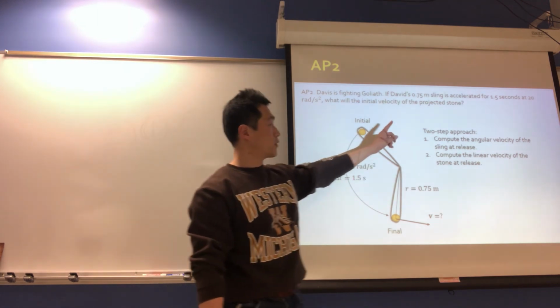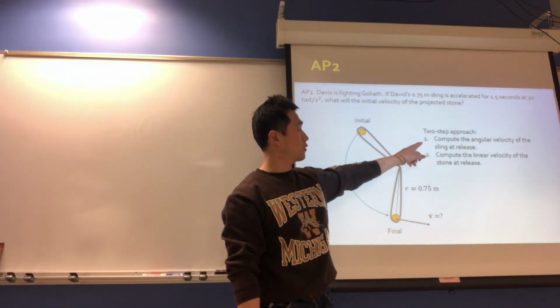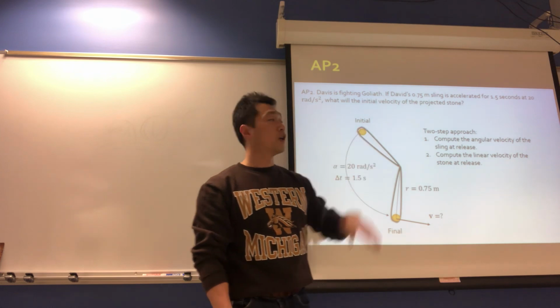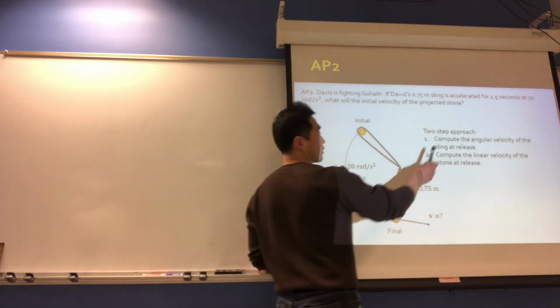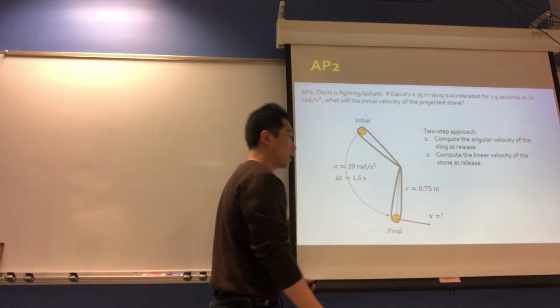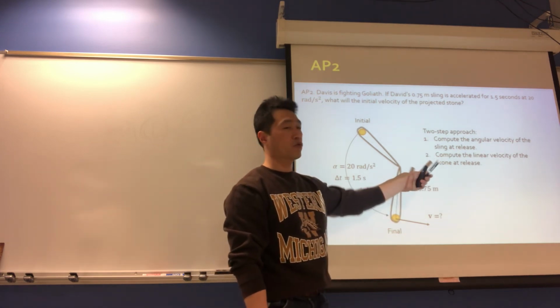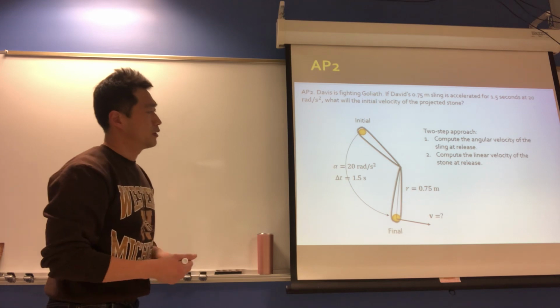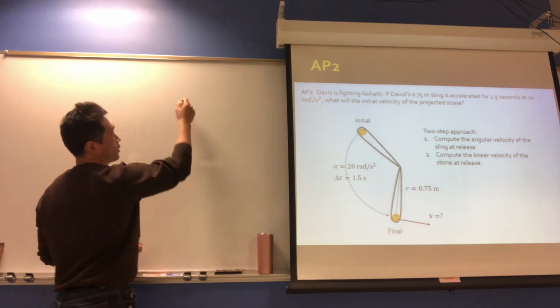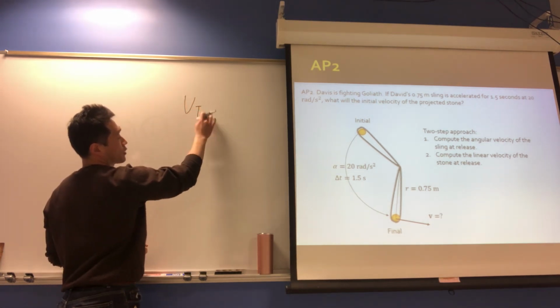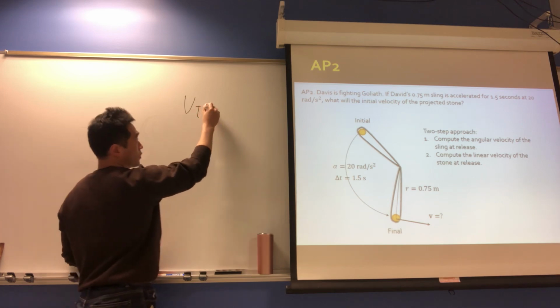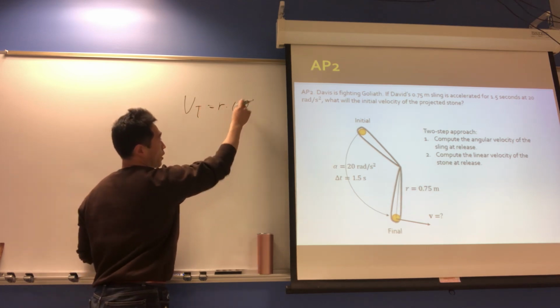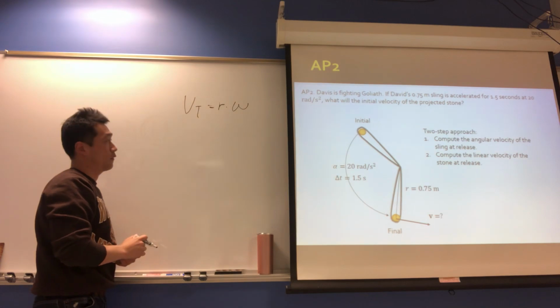First step is to compute the angular velocity of the sling at release. We calculate angular velocity first, and then compute the linear velocity of the stone at release. Let me write this to remember. Tangential velocity, linear velocity, equals r times omega, the angular velocity.